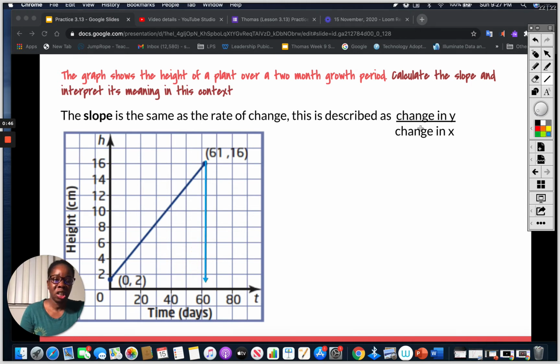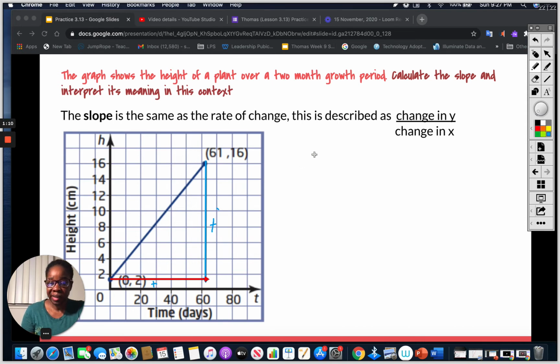So that's my change in y, and this is going to be my change in x. So I notice that my change in y is positive because it's going up. My values are increasing. And my change in x is also positive because you're going from left to right.